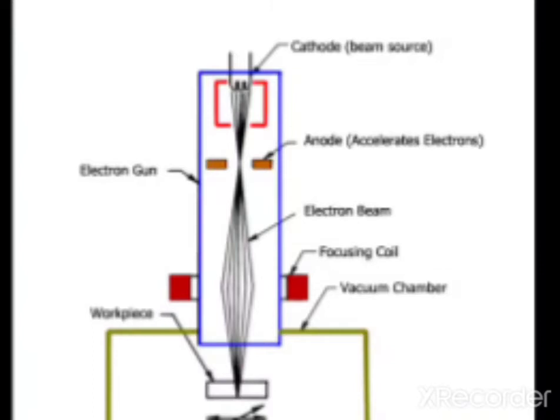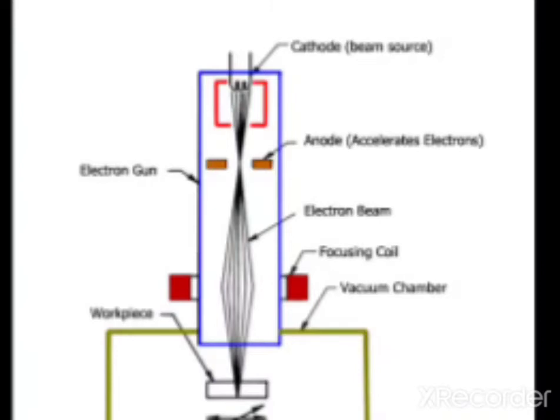When this cathode emits the electrons, with the help of this anode they get accelerated. When accelerated, their speed increases, so they have high kinetic energy. With the help of this focusing coil, we are concentrating these high speed electrons to one single point or narrow welding range.